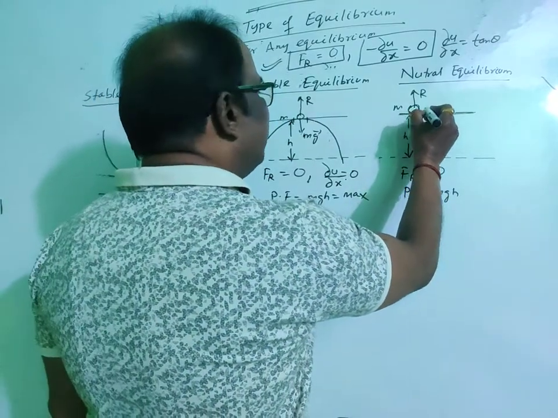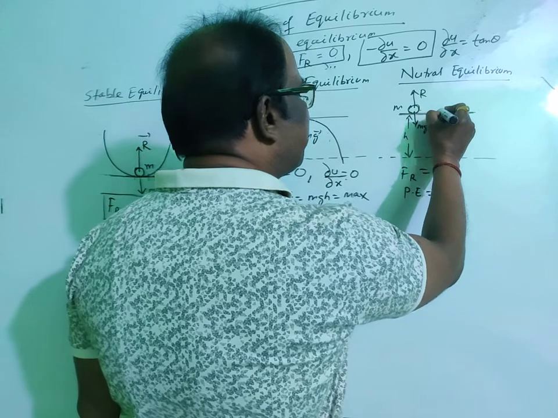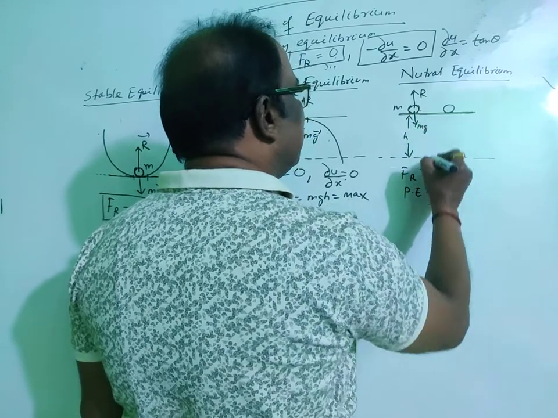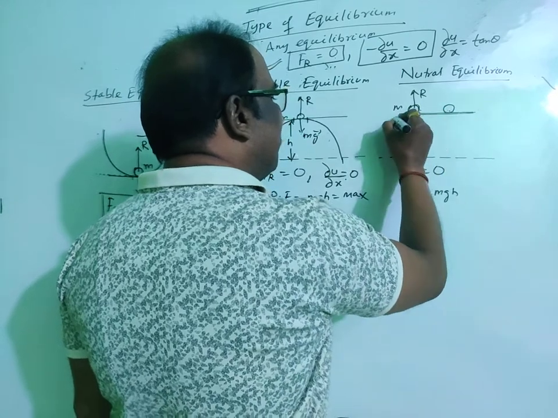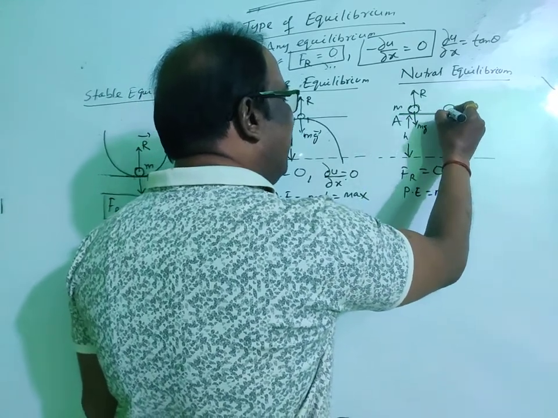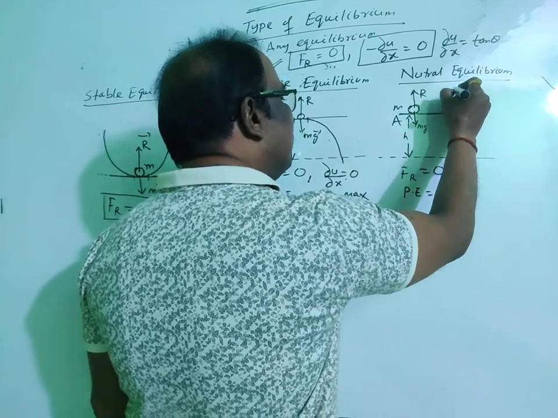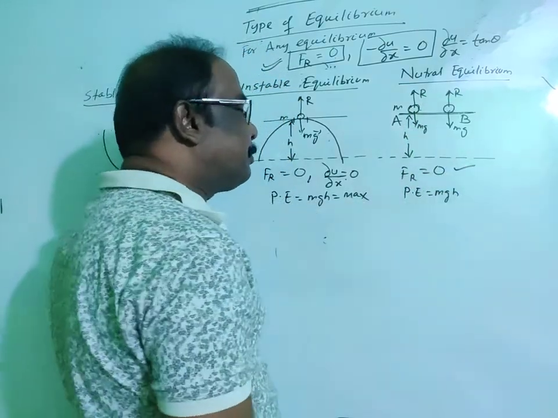Now suppose this ball is moved to a new position from A to B. Here also weight is mg and normal reaction is R, and the resultant force is 0.